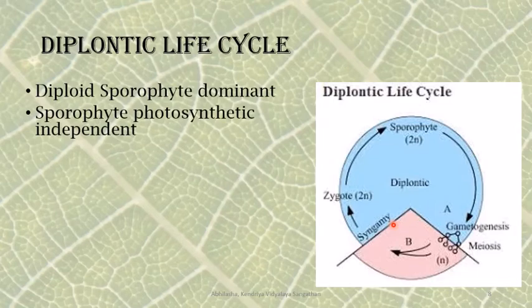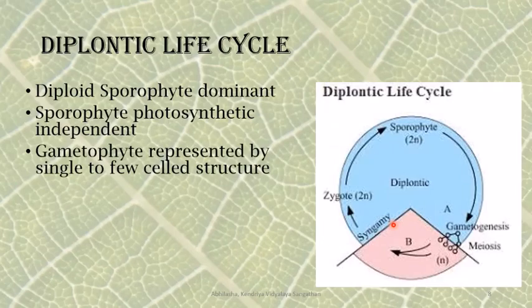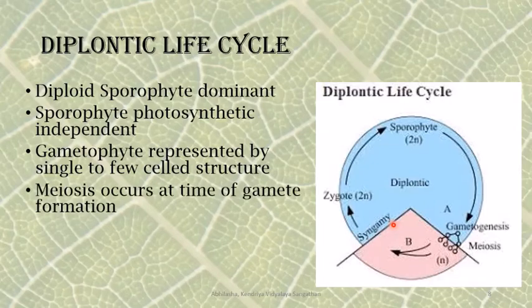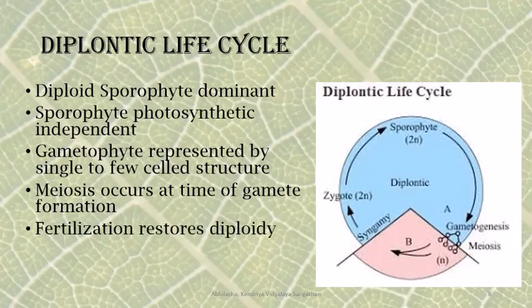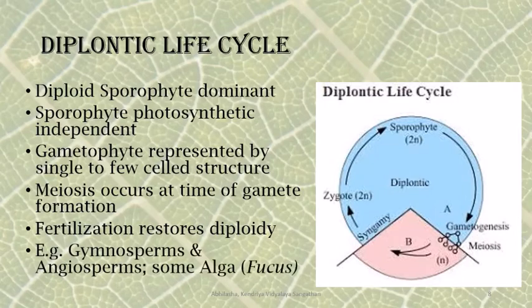The sporophyte is photosynthetic and is independent, while the gametophyte is represented by a single to very few celled, very simple structure. The meiosis occurs only at the time of gamete formation, and these gametes fertilize each other, and after fertilization they again form a diploid zygote. Examples are gymnosperms and angiosperms, and among the algae, Fucus is one which shows the diplontic life cycle.